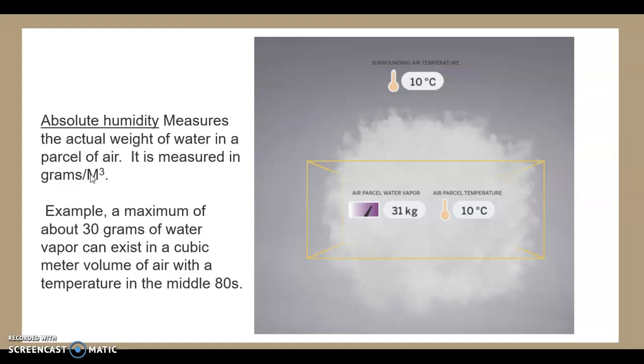And this is probably supposed to be a cubic kilometer, which is a 10 meter by 10 meter by 10 meter parcel, and it would weigh quite a bit more. But anyway, absolute humidity is just the weight of water in a certain volume of air. And that's what Amplify uses, but it's rarely used otherwise.